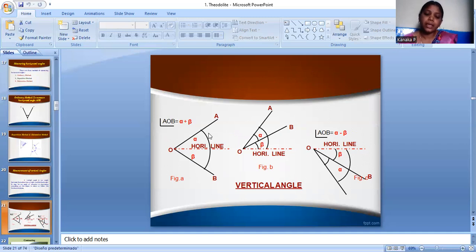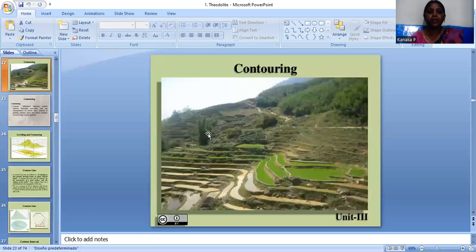The difference theta1 minus theta2 gives the value of the vertical angle if points A and B are on the same side, above or below the horizontal plane. If the points A and B are on either side of the horizontal plane, the sum theta1 plus theta2 gives the value of the vertical angle. In case of face left and face right observations, the mean of the values is taken as the vertical angle. So this covers vertical angle measurement.